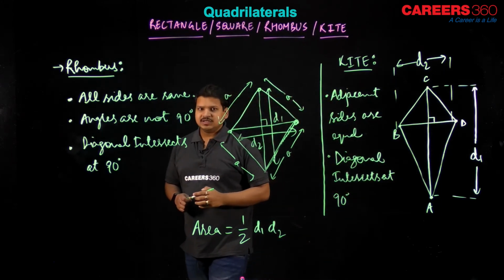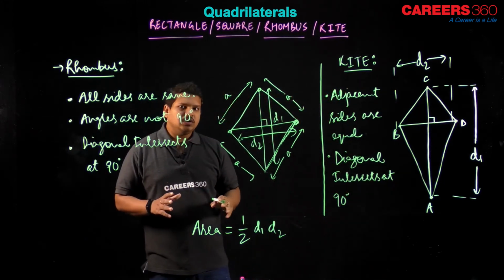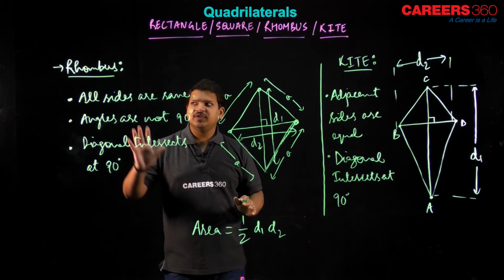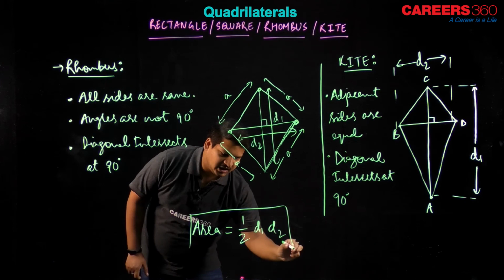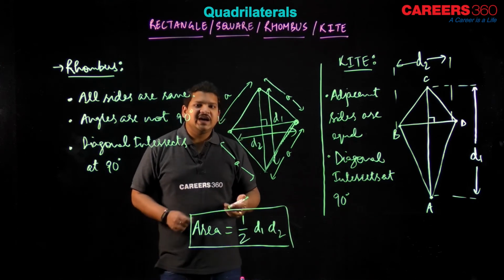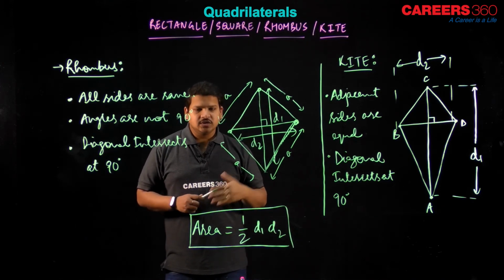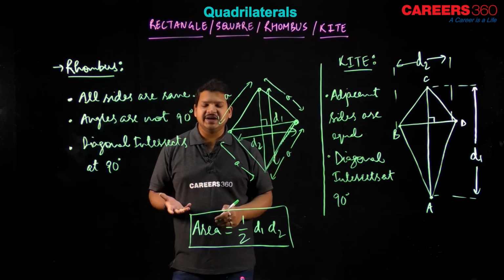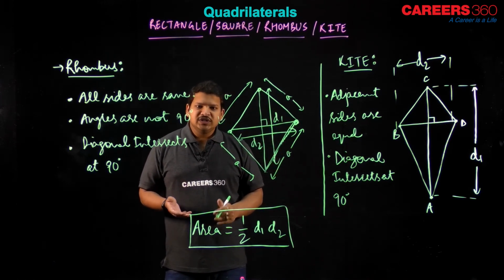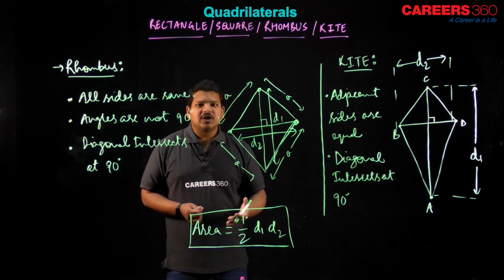I hope it is making sense to you, right? So in all the cases, whether it is rhombus or kite, the area would be half D1 D2, and as I told you, in case of a square also, the diagonals intersect each other at 90 degrees, so the area formula will work there also.